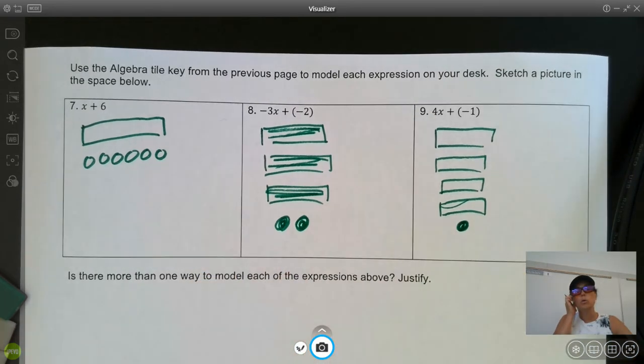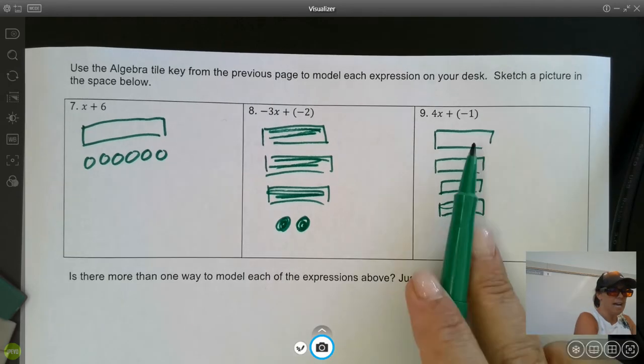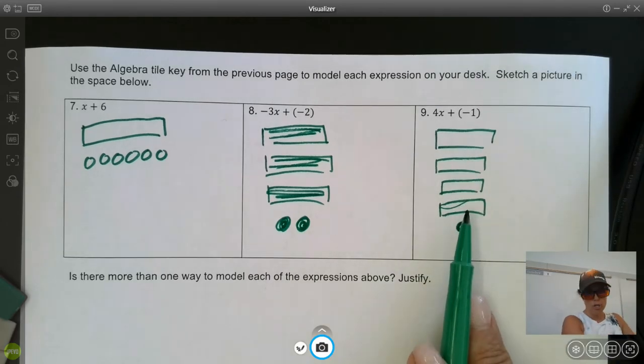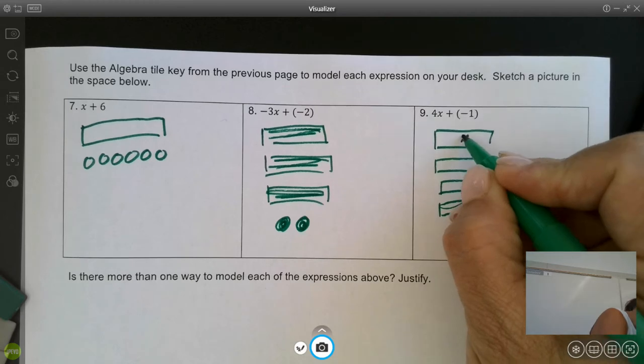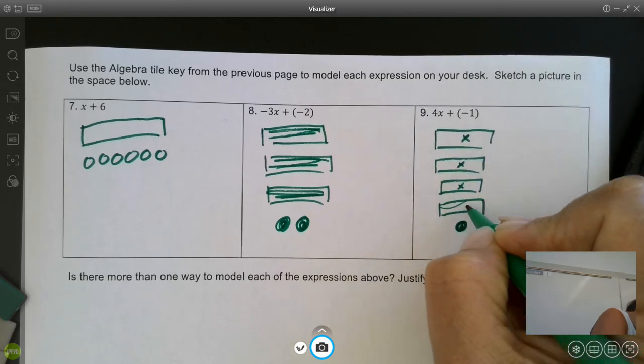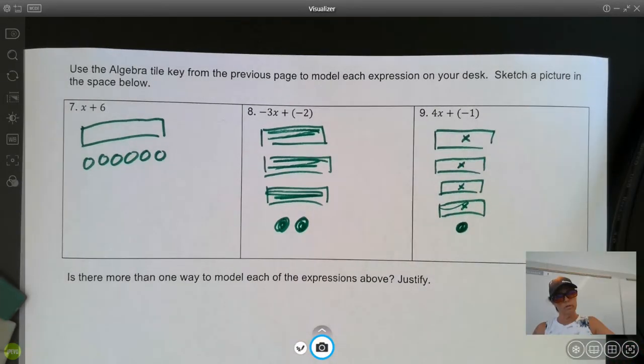It's really important, you guys, if you're using squares as your units, that the X tiles look larger than the unit tiles. And if you want to write X inside there so it's clear, that's another way you could do it.